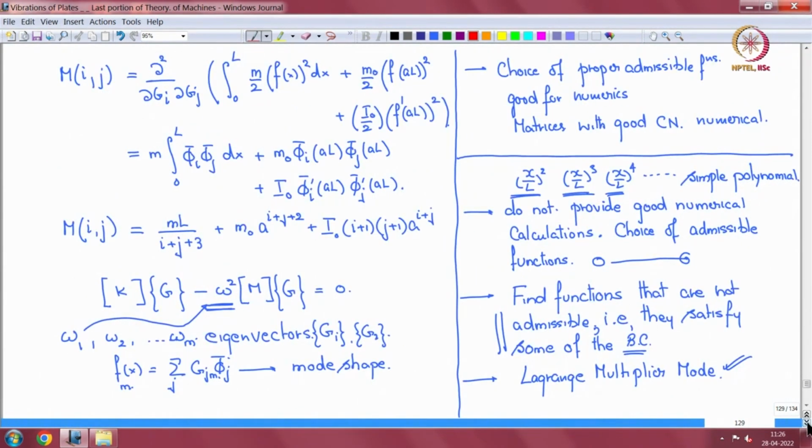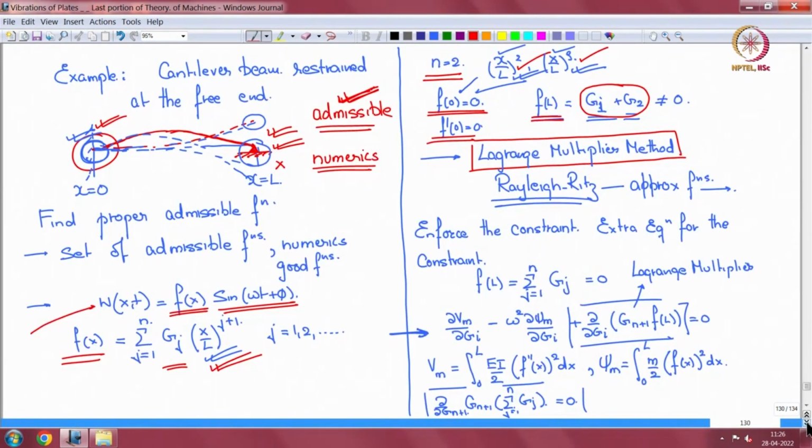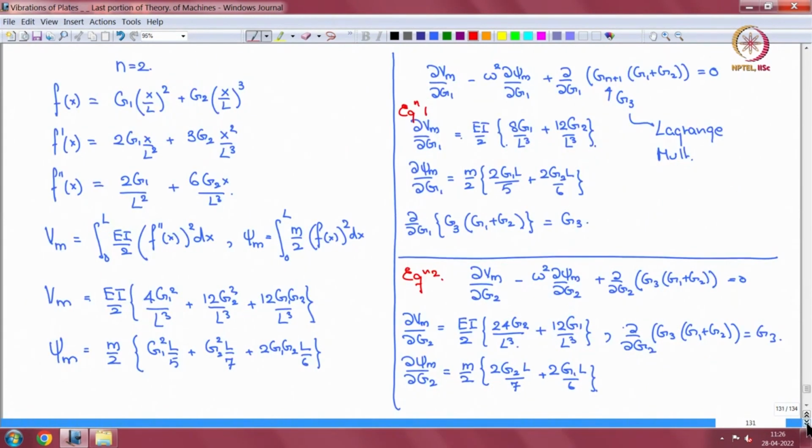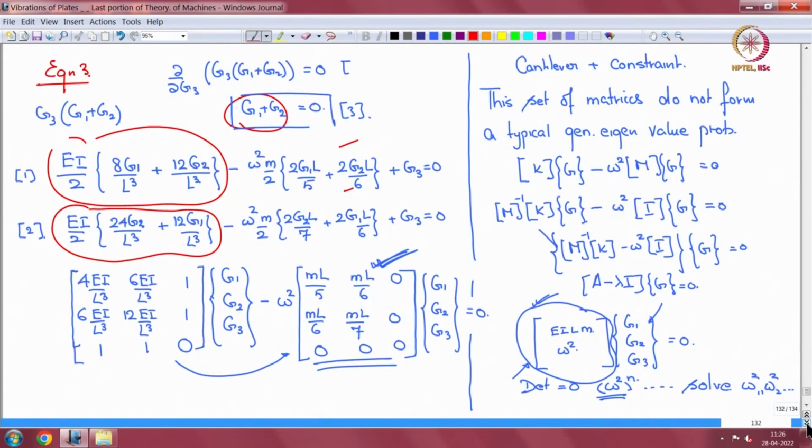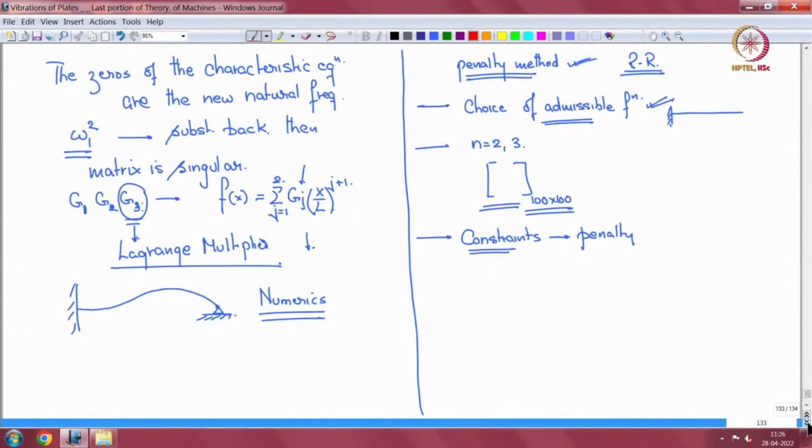Now we looked at the Lagrange multiplier method last time, and I said I will give you some numerical values. So this was the matrix form we got, and I also said it is not a standard eigenvalue problem, but it is solvable. So now I will give you some numbers.